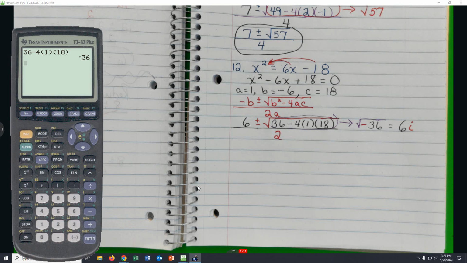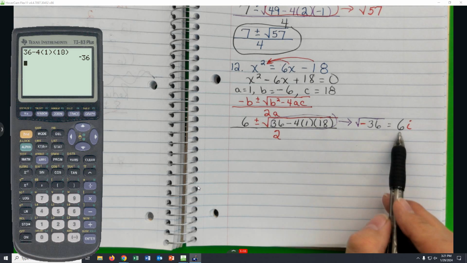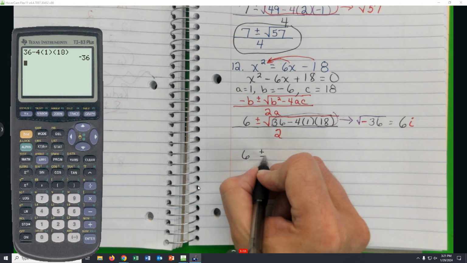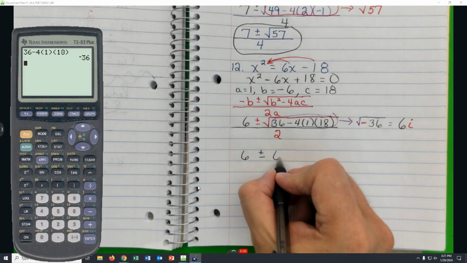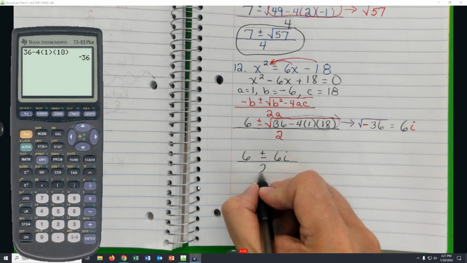Now rewrite the fraction, replacing all of that square root with just 6i. So we have 6 plus or minus 6i all over 2.